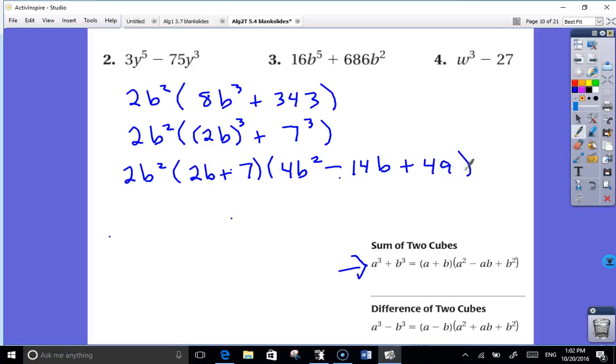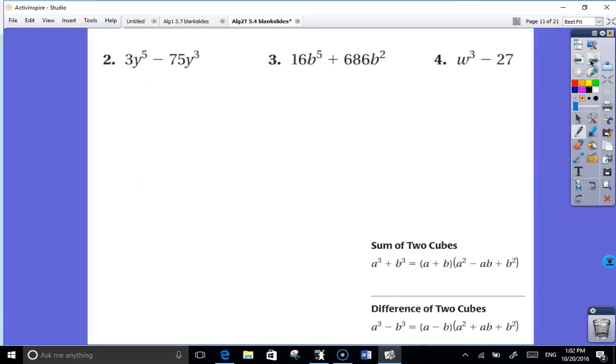Okay, so try the number 2 right there. What did you realize on this one? It's not a difference of cubes. What is it? It's a difference of squares, actually. What was the greatest common factor? 3y to the third.